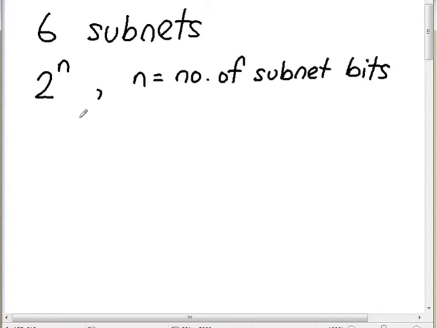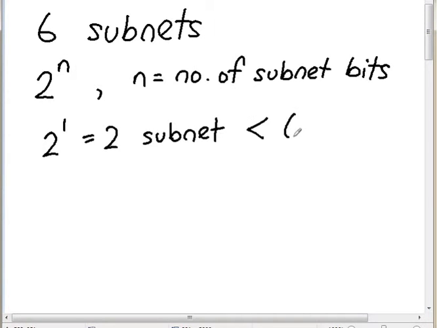So let's try to see how we can get a total of 6 subnets. If we let 2 to the power of 1, we will get 2. So we can only support 2 subnets if we have only 1 subnet bit, which is not enough. This is less than 6.